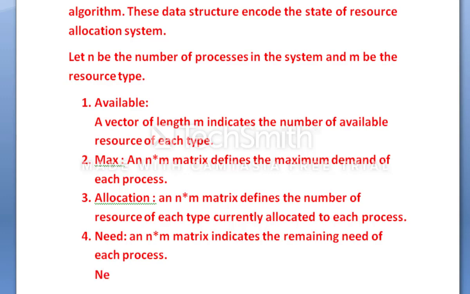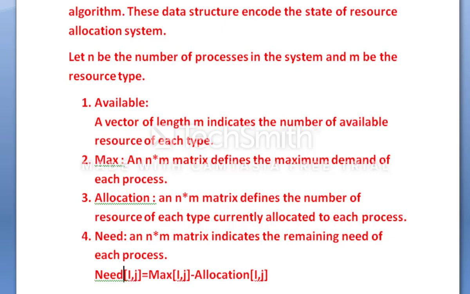Now the very important formula: Need[i][j] is calculated as Max[i][j] minus Allocation[i][j], right? So maximum minus allocation gives the value of Need.